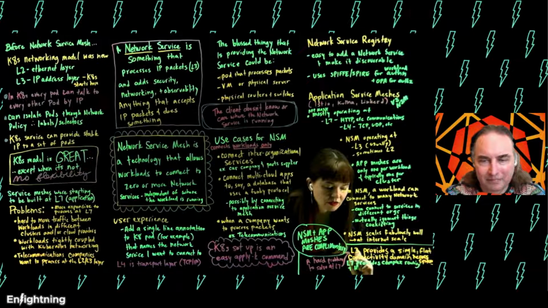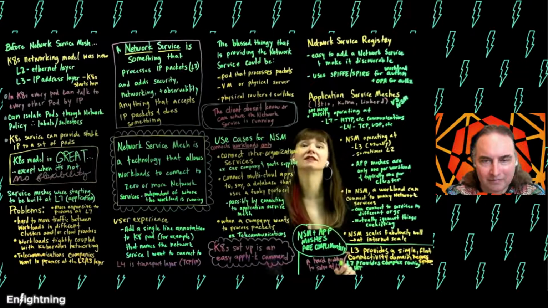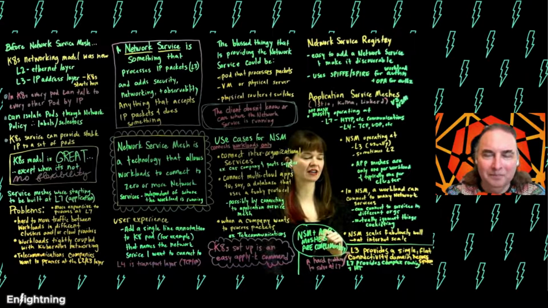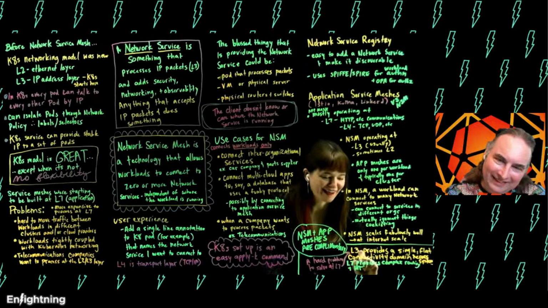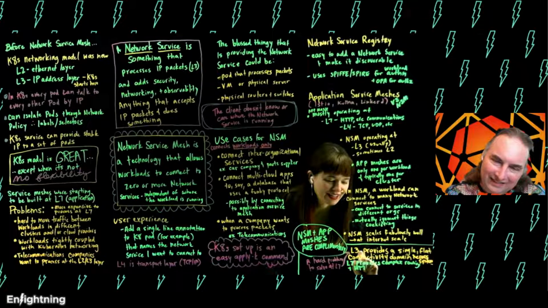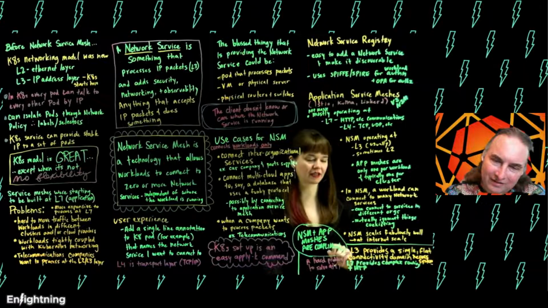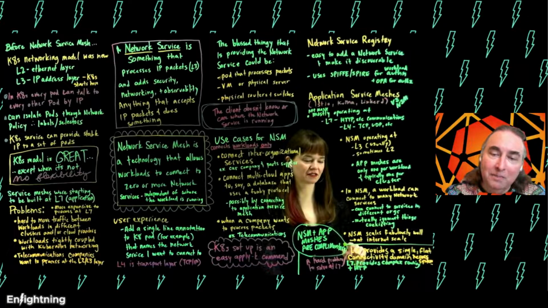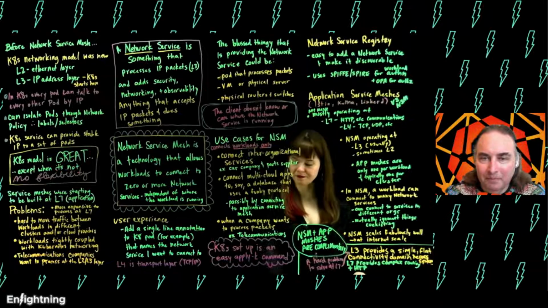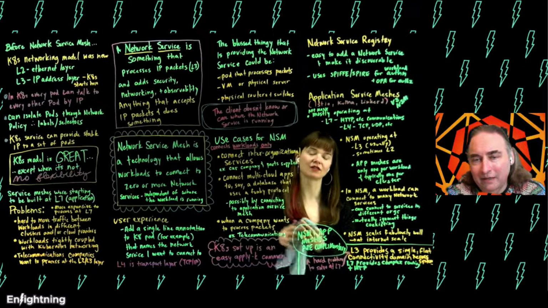Cool. Am I on the board still? Yeah, you're still barely on the board. So L7 provides complex routing based on HTTP stuff, right? But not just that though. It does a lot of other things.